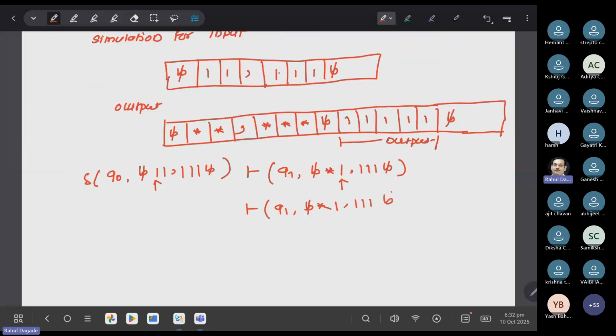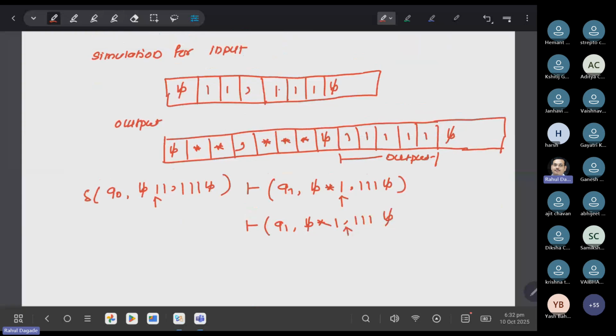So the pointer comes at comma. What is Q1 doing for comma? Q1 for comma is also going to the right. So that is Q1: blank star 1 comma, the pointer moves past it to 1 1 1 blank.